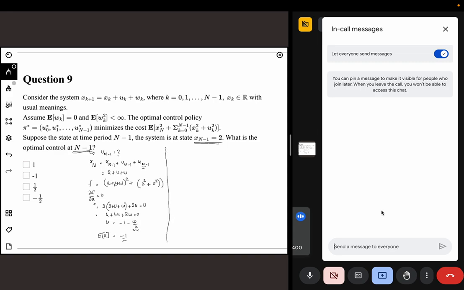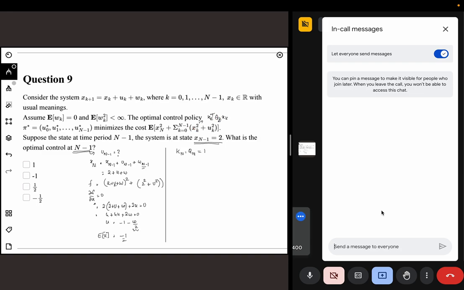If you want to use the Riccati equation, we start with determining the values of k. So kn you can take as qn. If you compare this with our standard equation, this will be something like xk transpose qk times xk. Since this is xk square, the qk is 1.